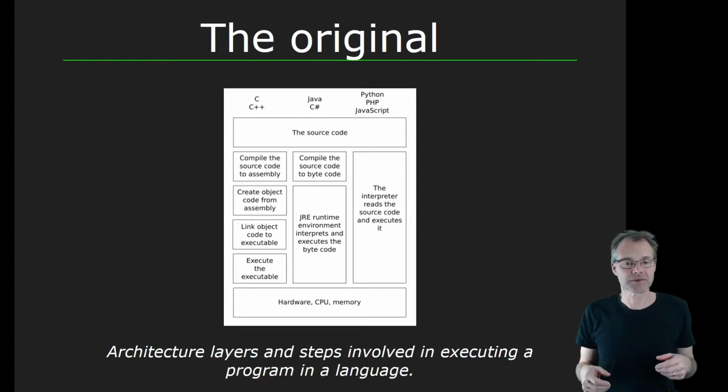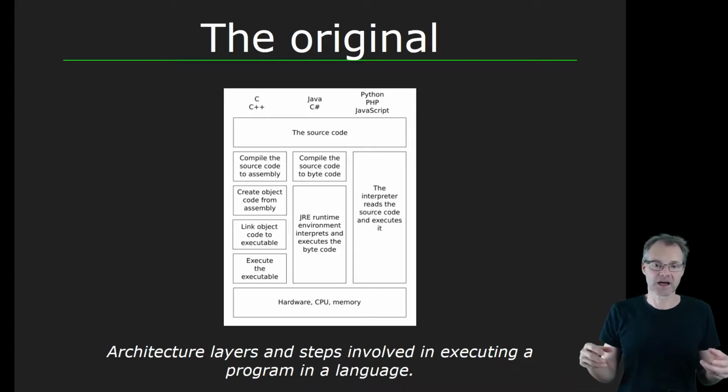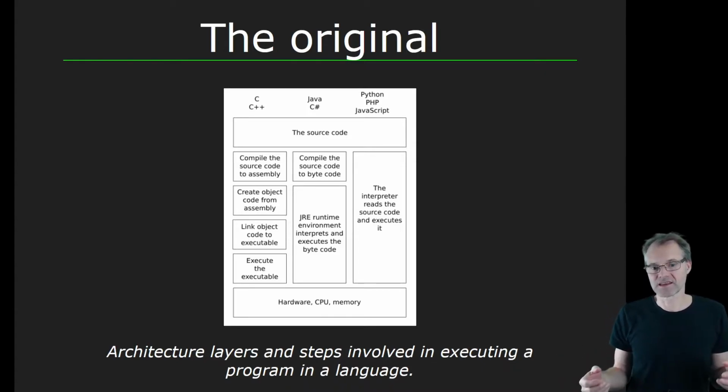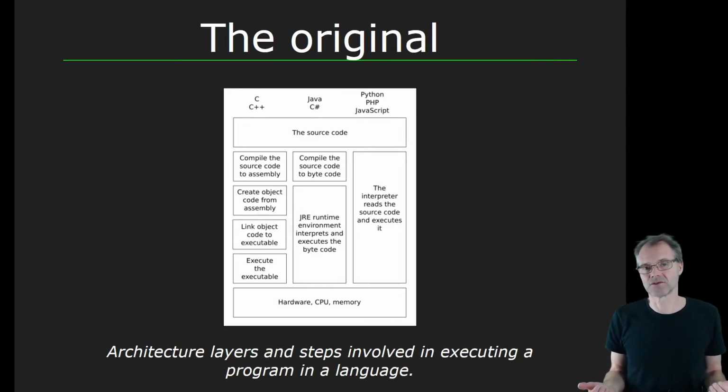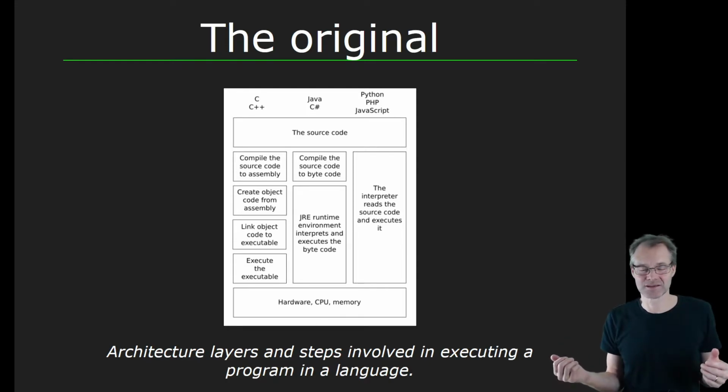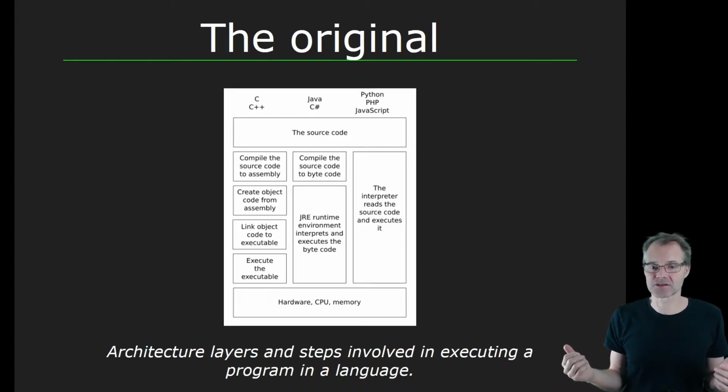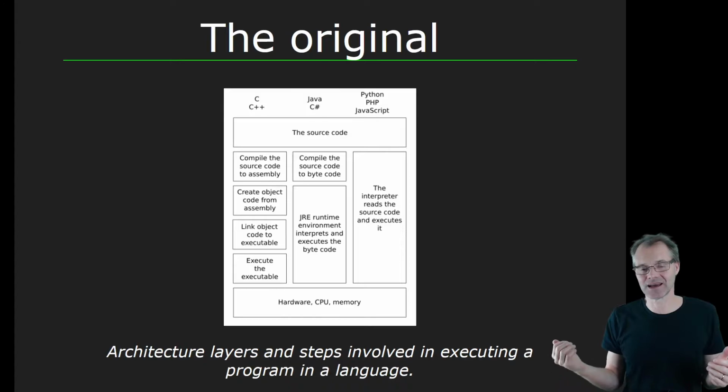Java and C# then, we take the source code, we compile it to bytecode. And then the runtime environment executes the bytecode so it can be executed on this architecture. And take these interpreted languages, Python, PHP, JavaScript, where the source code is interpreted by an interpreter, which reads the source code line by line and executes the lines.